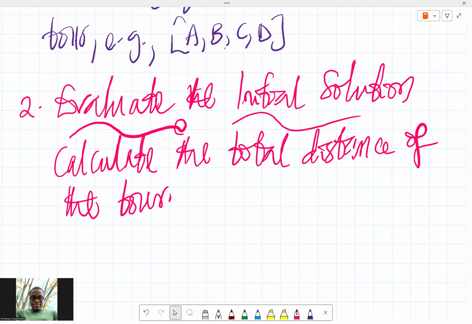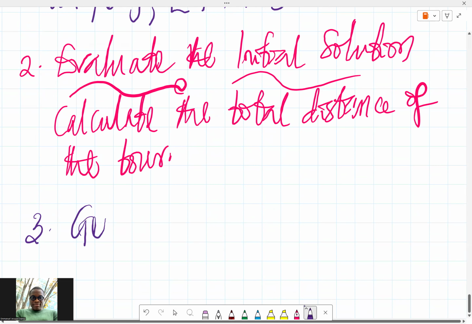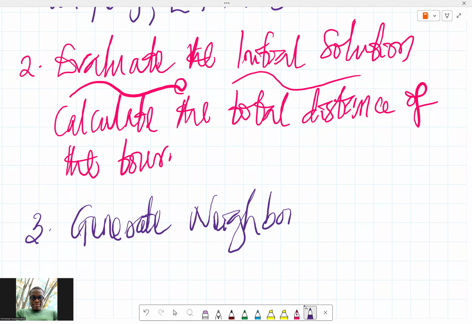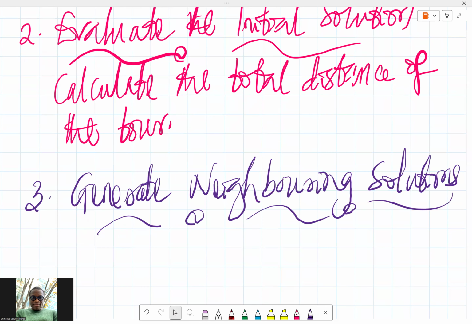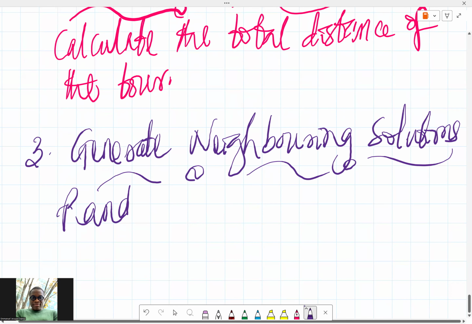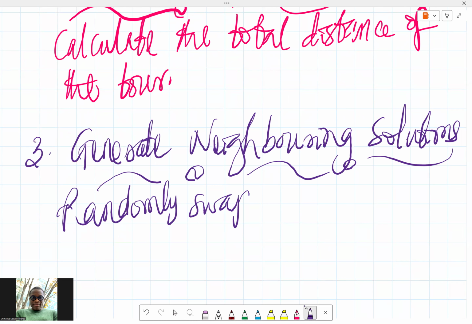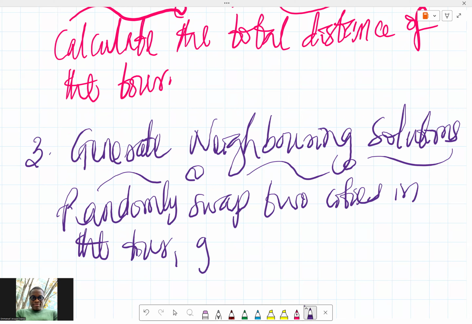After doing that, we generate neighboring solutions. That means you have to look for alternatives that are really close to what you have. In that case, you can randomly swap two cities in the tour, generating a new tour.